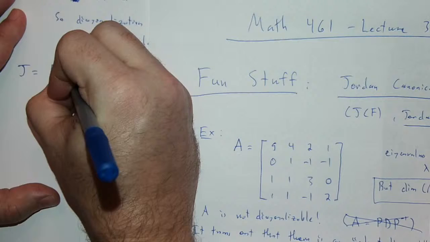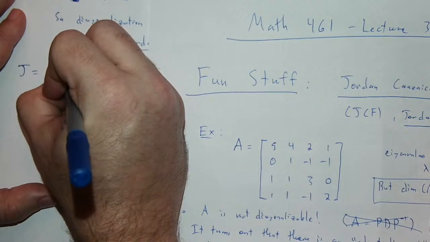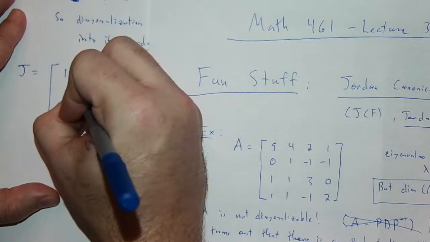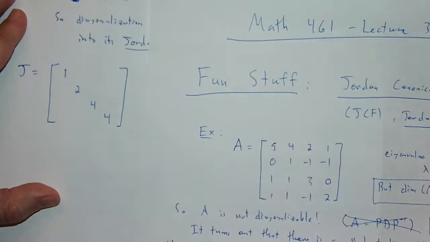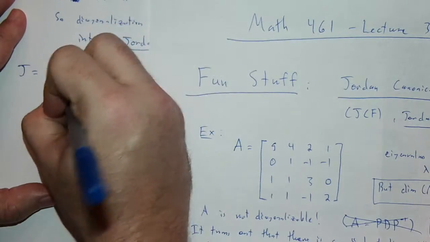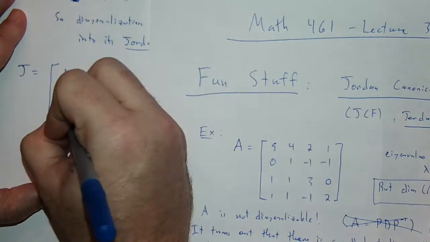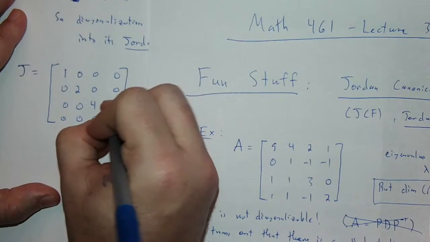That is row-wise. I'm going to do diagonal first. So diagonal is 1, 2, 4, 4. There are zeros everywhere. Except here I didn't put a 0.